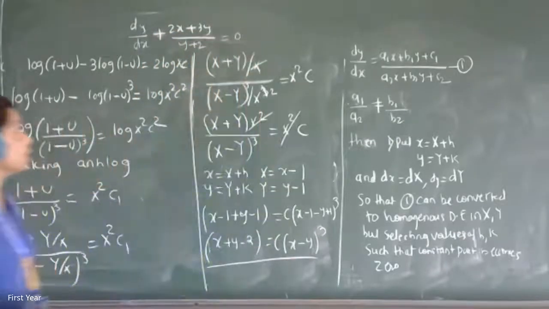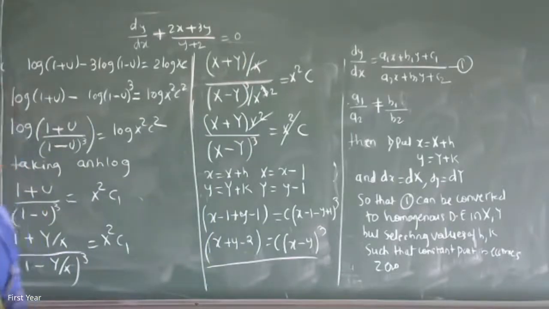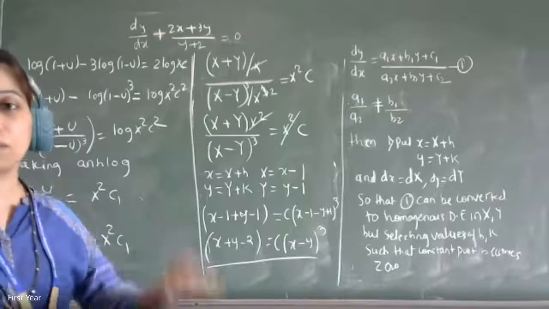This is the differential equation. Solve this differential equation: dy by dx plus (2x plus 3y) upon (y plus 2) is equal to 0. So obviously this is not homogeneous because of the 2 which is present in the denominator. Okay? Fine?